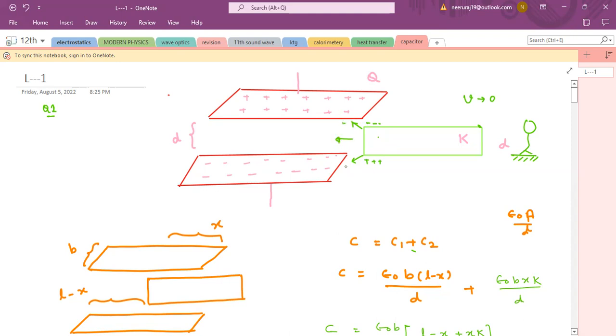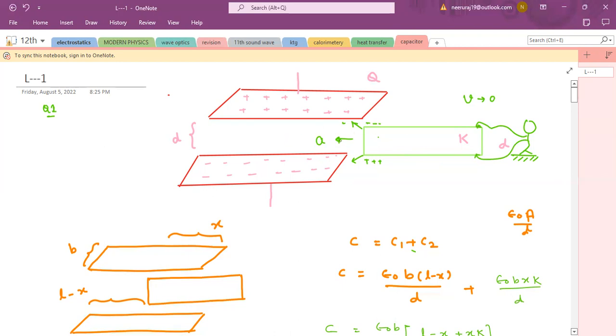As these plates apply some force on this slab, this slab will get some acceleration and it will try to get some velocity. But in our question, this slab is moving with almost zero velocity, so very slowly. So this external agent needs to hold it against this electrostatic force.